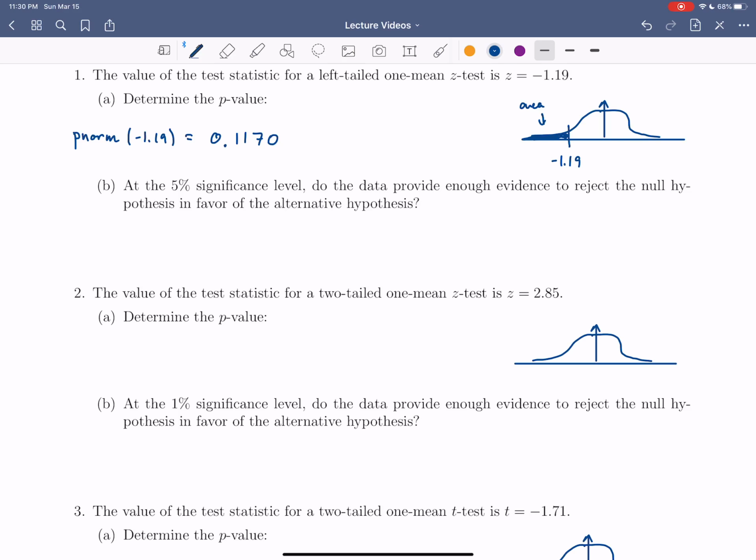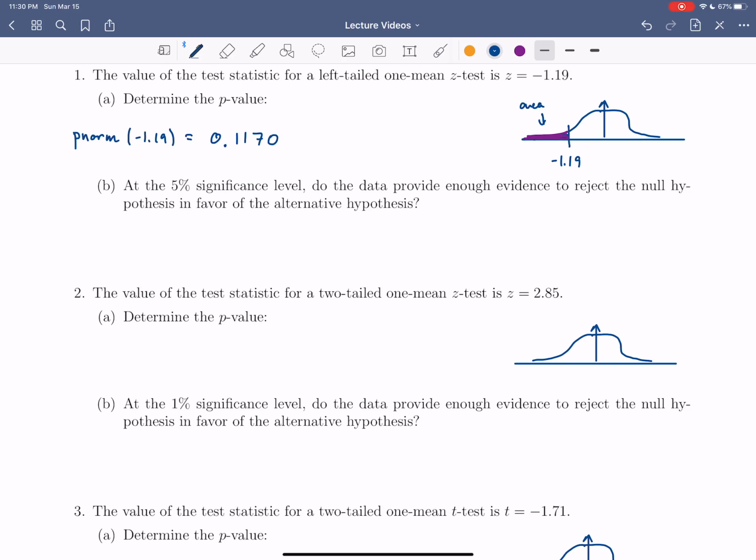I'm going to find my p-values to 4 decimal places. Okay, so my p-value is 0.1170. That's the p-value. That says that this area over here, which I'm coloring in purple now, that purple area is 0.1170.